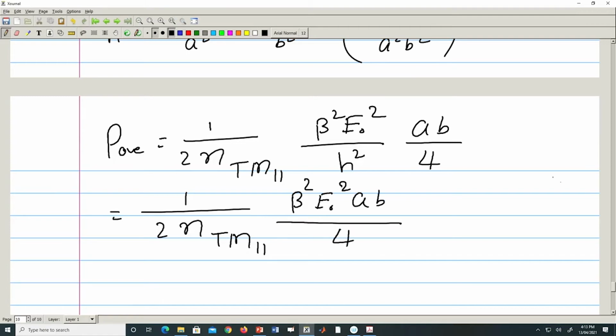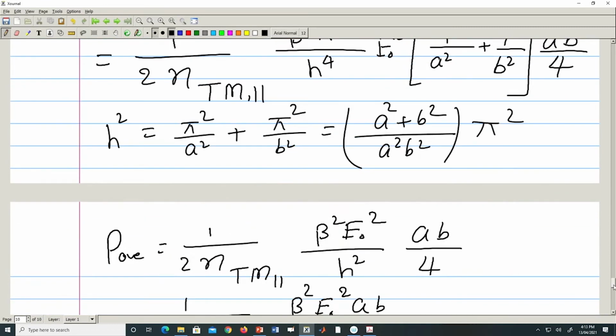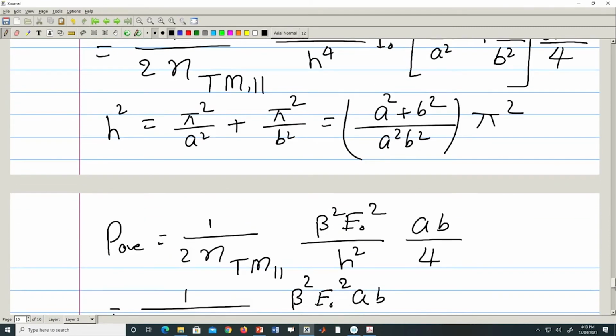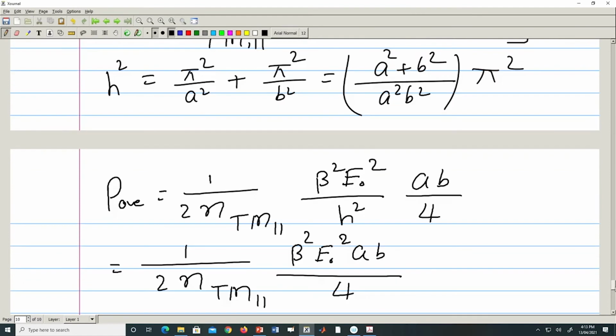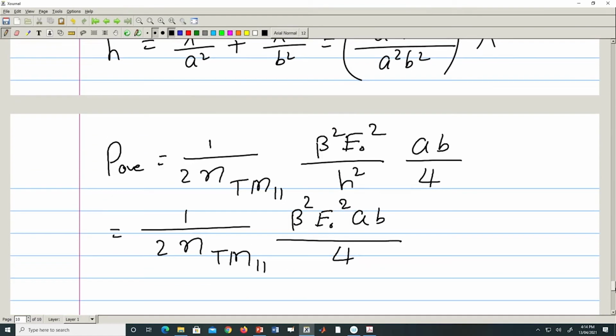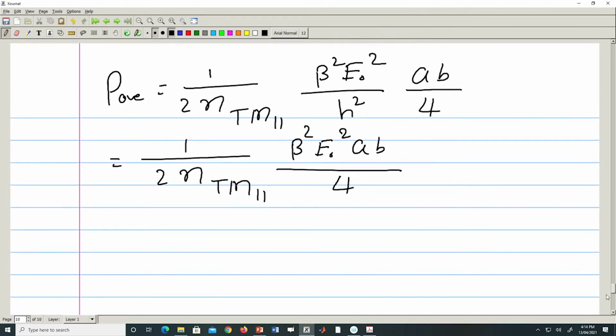h square will be a square b square going to the upper side, and then a square b square is common with pi square. So a square b square divided by a square b square into pi square.